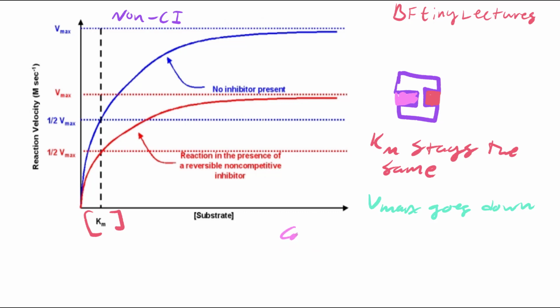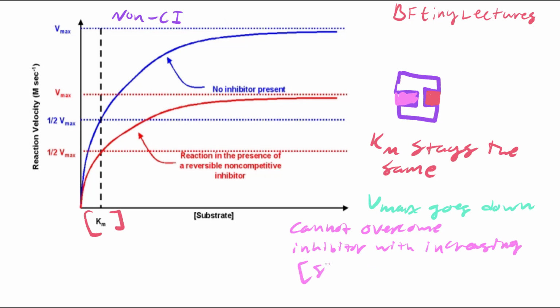So we're just going to put: cannot overcome inhibitor with increasing concentration of substrates, okay?